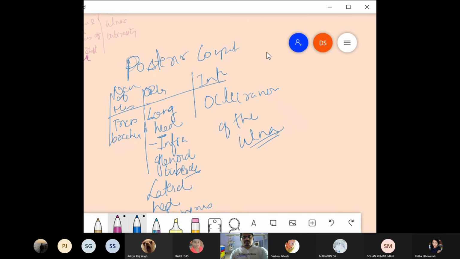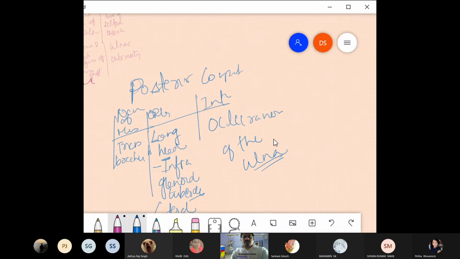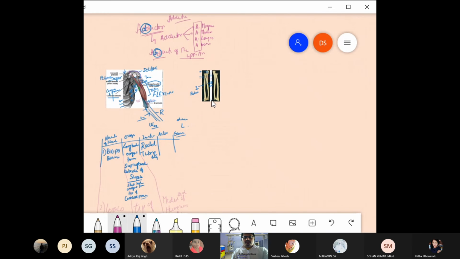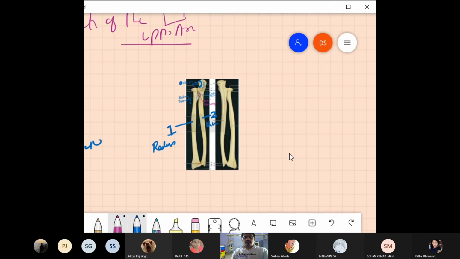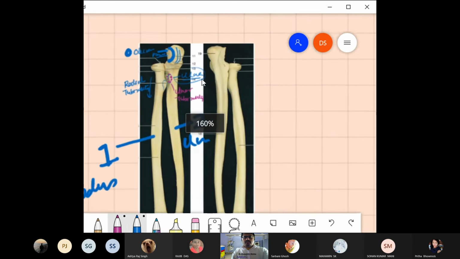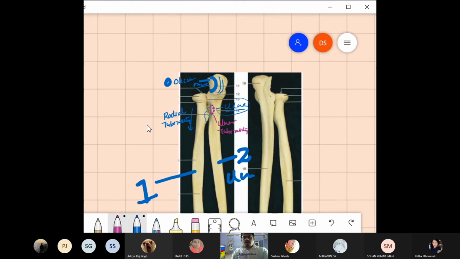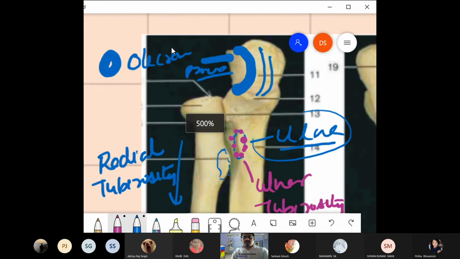Olecranon of the ulna. Try to recall where the olecranon of the ulna is present. If you can recall, it's fine. Otherwise, if this be the ulnar bone, already it's labeled. See, here I have already labeled it as olecranon. Exactly or precisely the location where the triceps brachii is inserted into. Any doubts? No, sir.